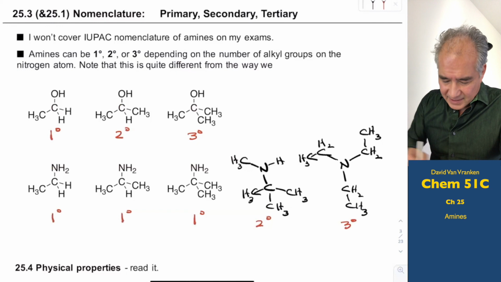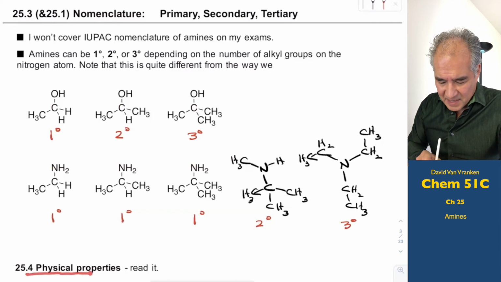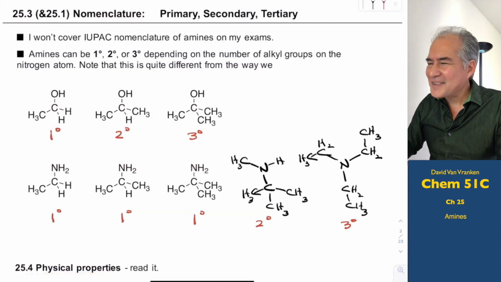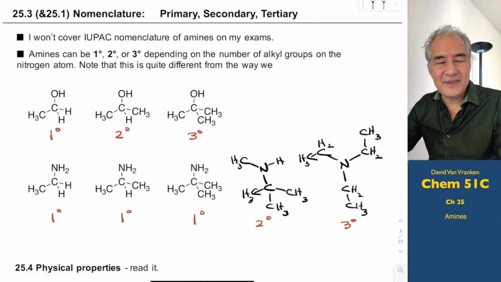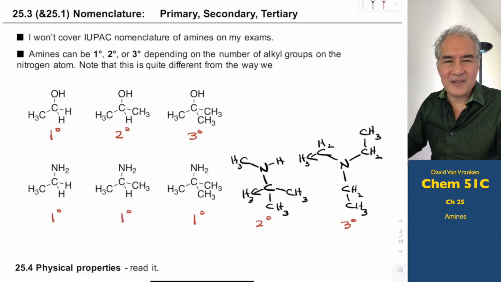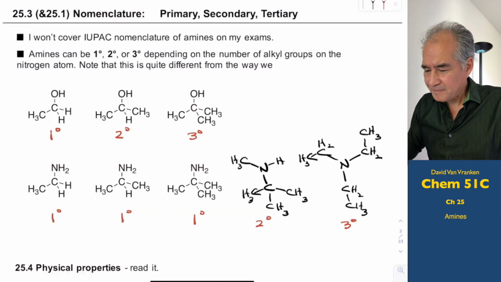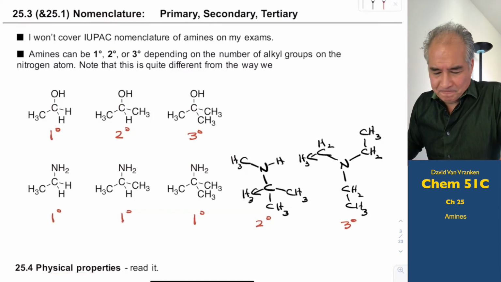Now, the book has a section on the physical properties of amines. Amines are kind of smelly. So when you take rotting fish, that's an amine that you're smelling. It's volatile. Putrescine in rotting meat has an amine in there. If you buy ammonia solution for washing windows, you can smell this characteristic odor of ammonia in there.